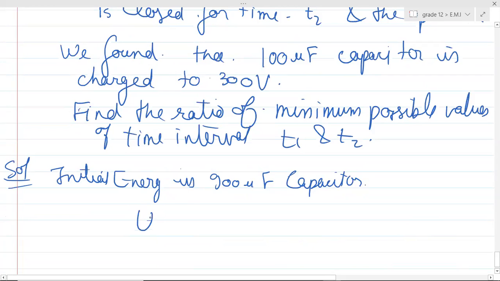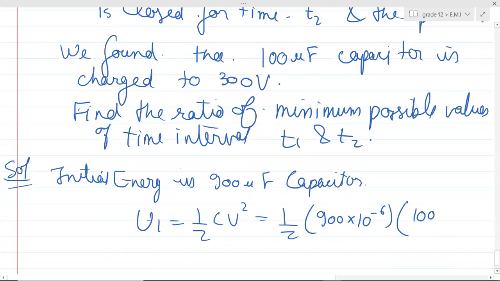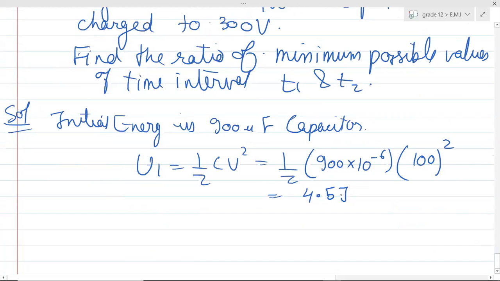So energy in this is half CV square. So half into 900 into 10 to the power minus 6, and V square is 100 square. Yes or no? Yes, sir. So this is 4.5 joule. 4.5 joule will be the energy in the 900 microfarad capacitor.